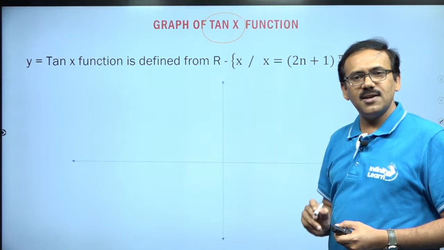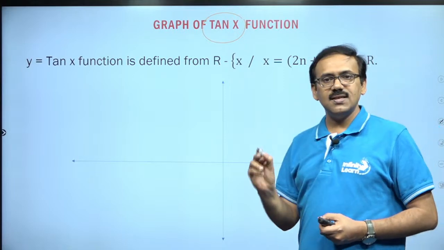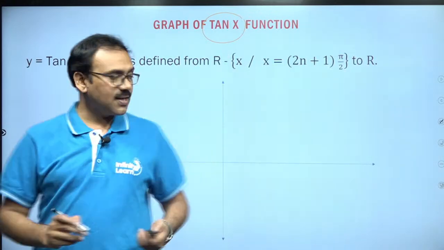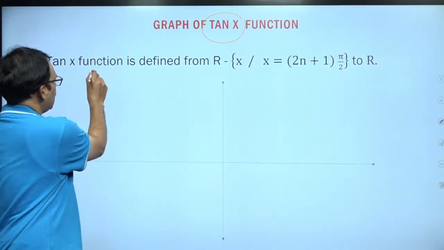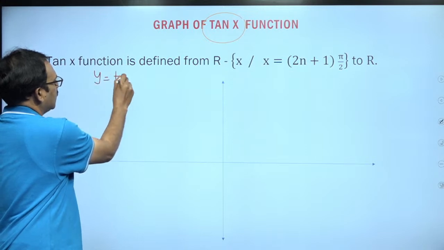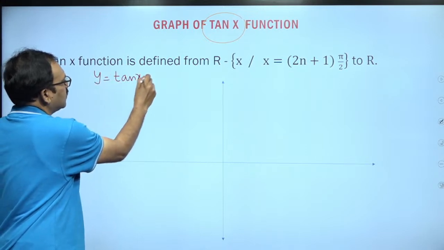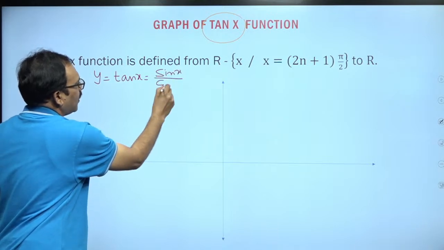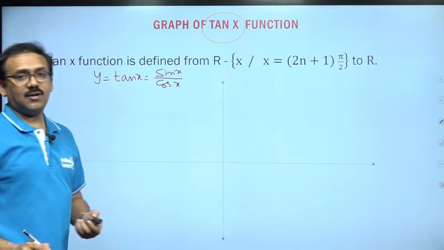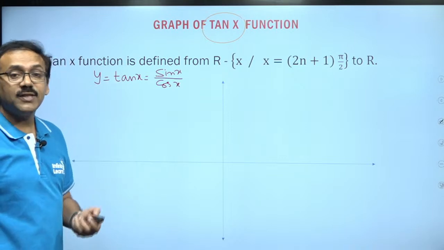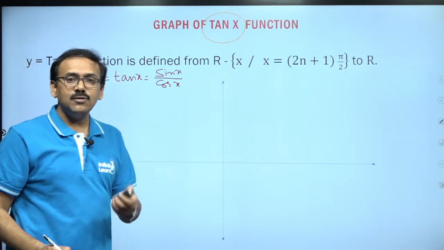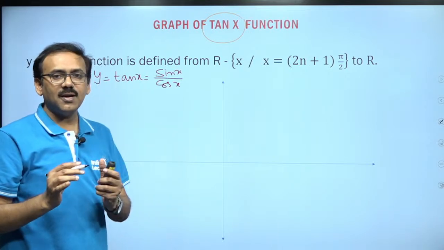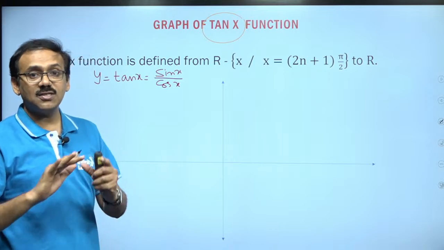First of all, by definition, tan x is sin x by cos x. Point number 1, whenever cos x becomes 0, that means at the values of x where cos becomes 0, the denominator becomes 0, and the tan function is not defined.